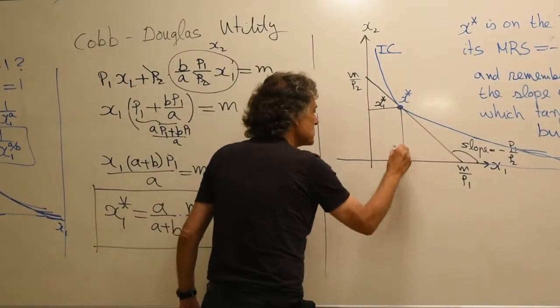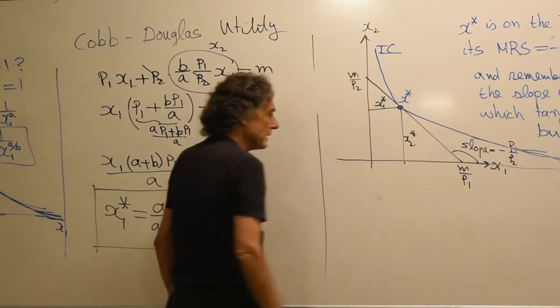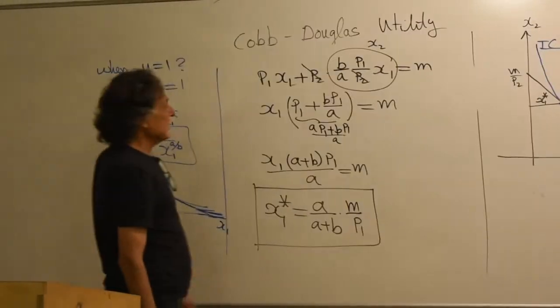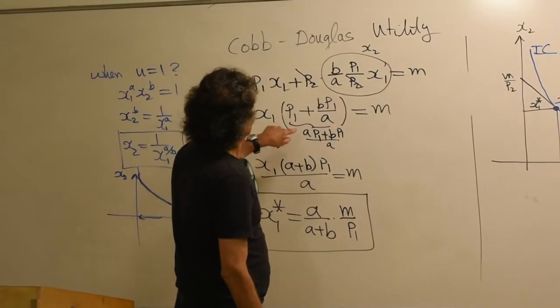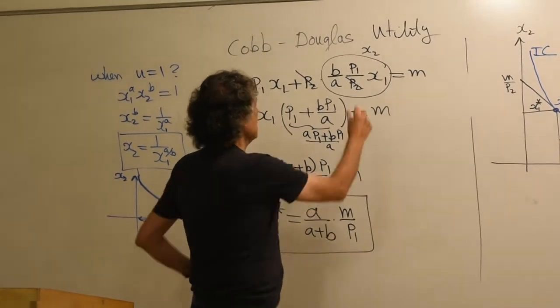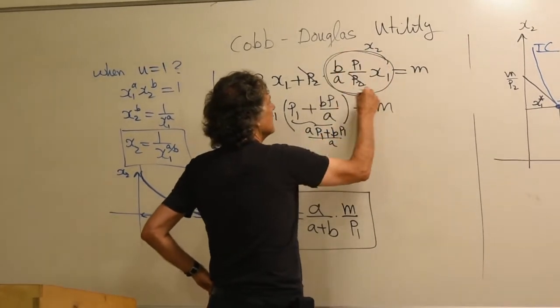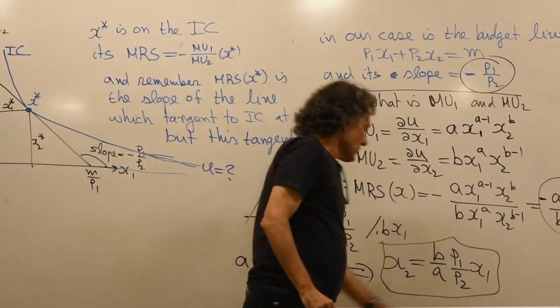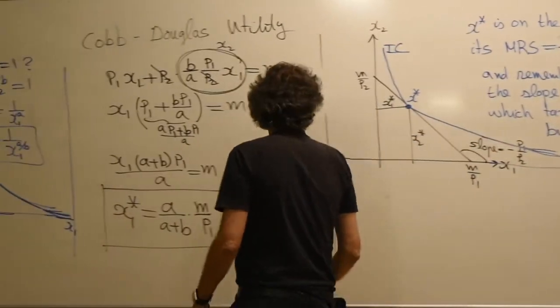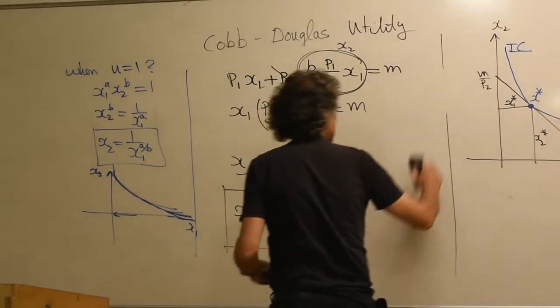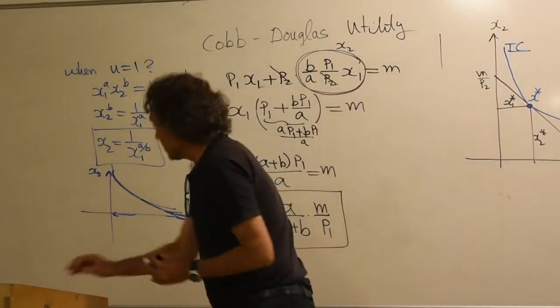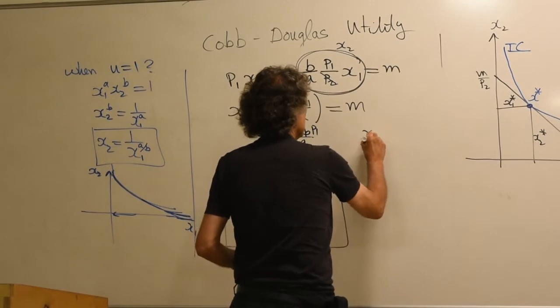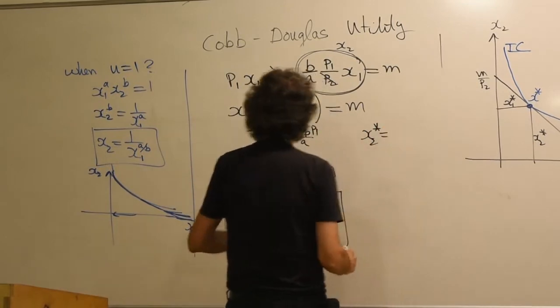Now we want to find x2 star. We found what x2 is, it's written there. So now I have to substitute. It's not a big deal to find out what this x2 is. So x2 star is what?